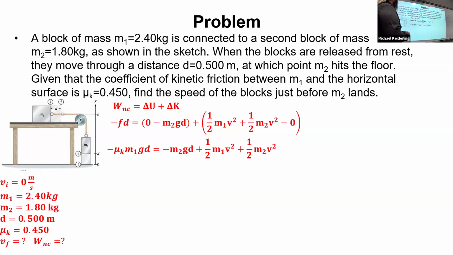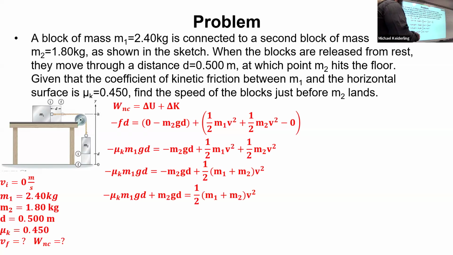So if we plug in our formula for friction, that's mu kinetic times mass 1 g, because that'll be the normal force, times d. That equals minus mass 2 g times d, plus 1/2 mass 1 v squared plus 1/2 mass 2 v squared. So combining these, we get 1/2 mass 1 plus mass 2 v squared. Then we move m2 g d over to the other side. So minus mu kinetic m1 g d plus m2 g d.